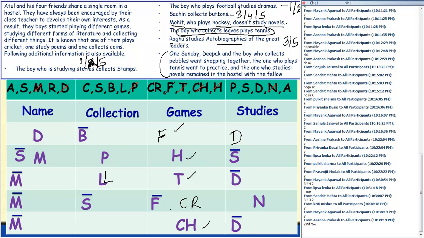L we had already identified. ये ऑटोबायोग्राफीज वाले सारे हटा देता हूँ. ये फुटबॉल आ गया और ड्रामा आ गया. यस. सो लेट्स मी रिमूव दिस वन. ये फुटबॉल ड्रामा की पोजीशन फिक्स हो गई थी.